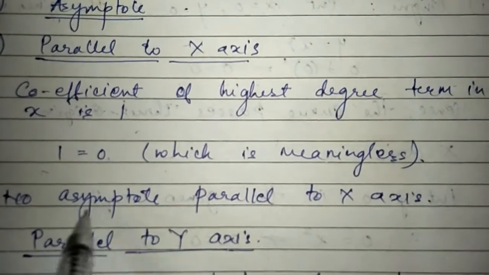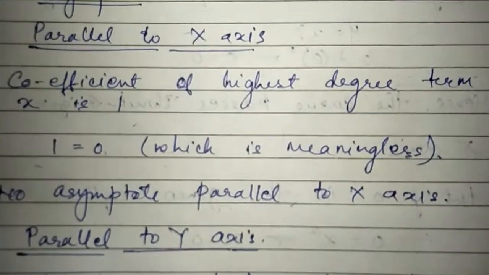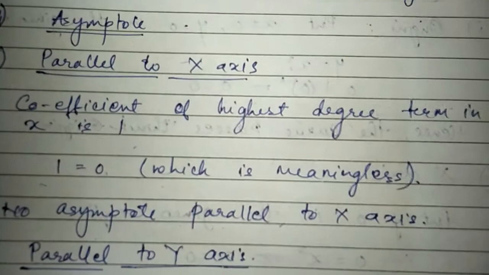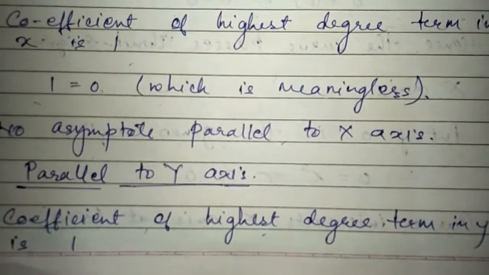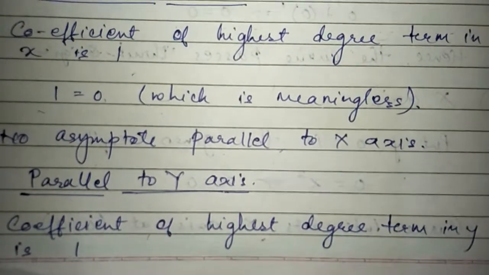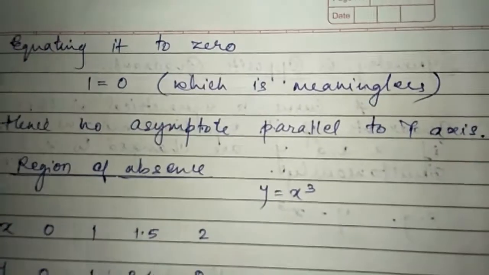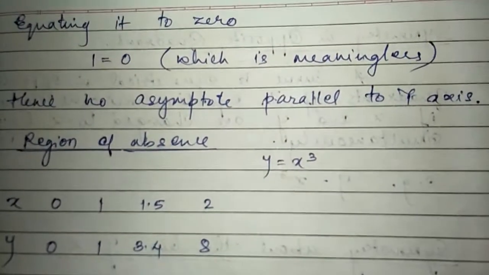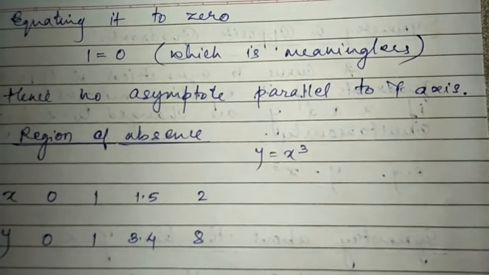So we can say there is no asymptote which is parallel to the x-axis. Then asymptote parallel to the y-axis. We'll equate the coefficient of the highest degree term in y to 0. The coefficient is again 1, and equating it to 0, that is 1 is equal to 0, is again meaningless. Hence there is no asymptote parallel to the y-axis.